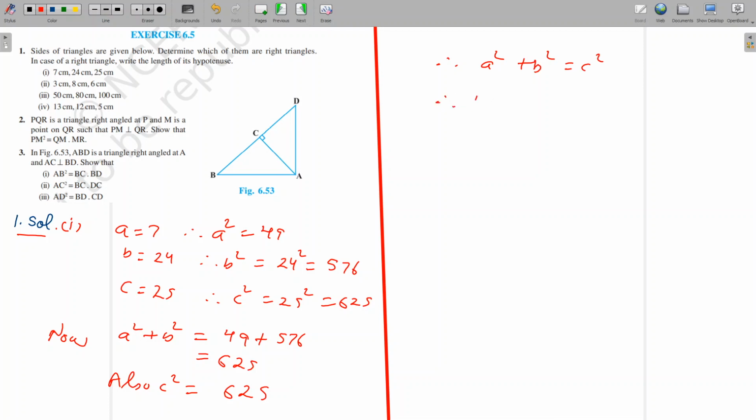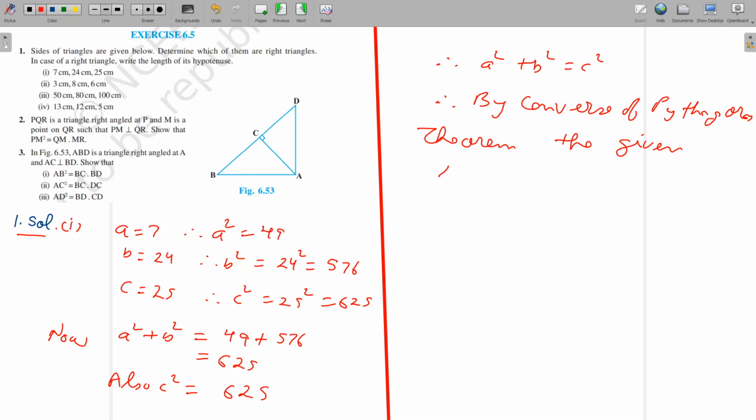Therefore we can say by the converse of Pythagoras theorem, the given triangle is a right triangle.